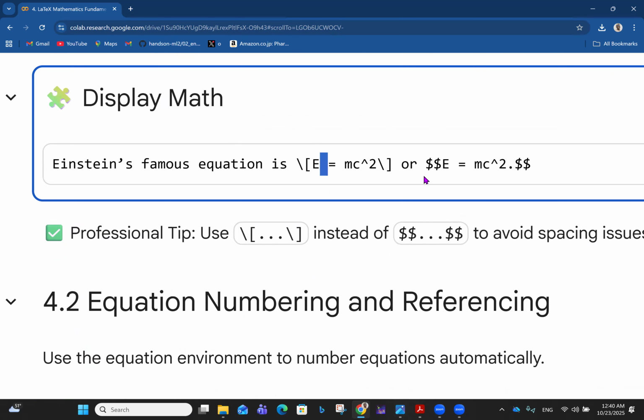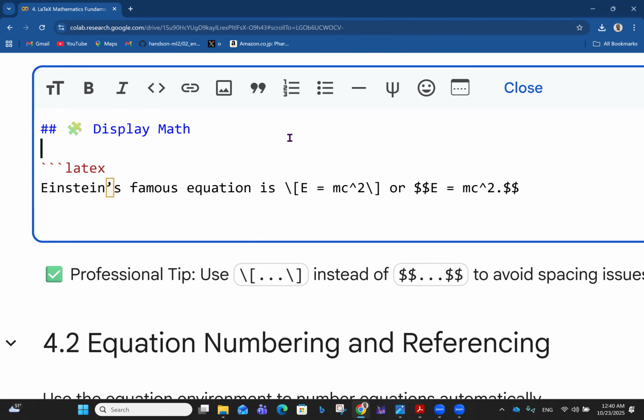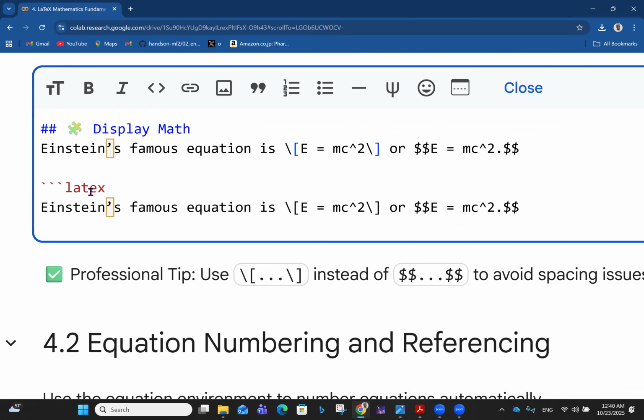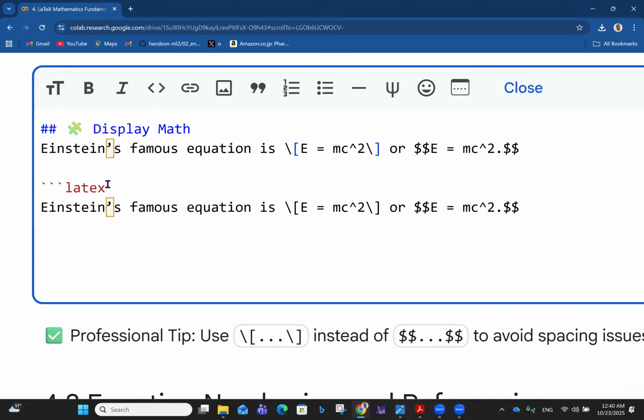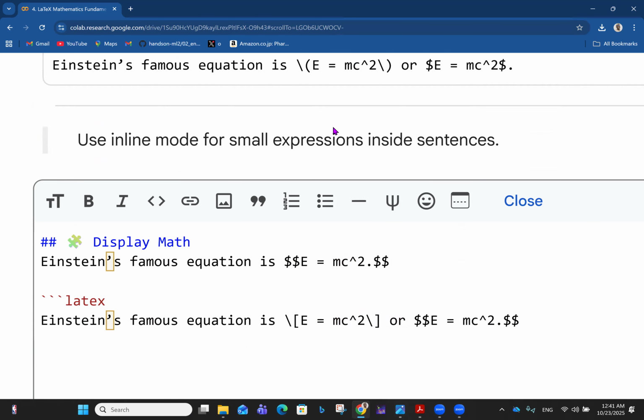Display means that you want the equation to stand out from the sentence you're making. Since dollar works here, I'm going to copy this and bring it outside of the LaTeX formatting. If I write this separately and put the dollar signs, you'll see how the equation stands out. That is what we mean by display.